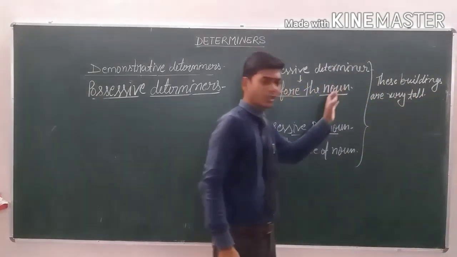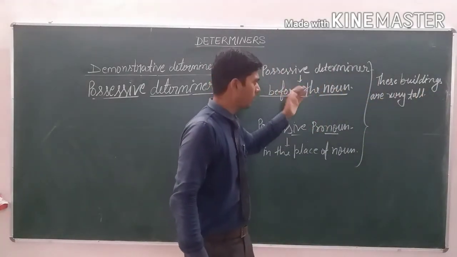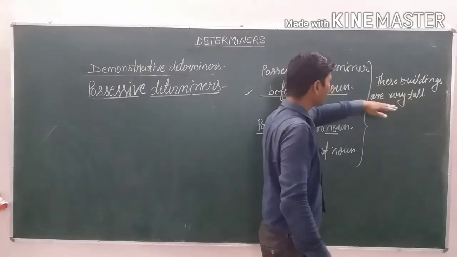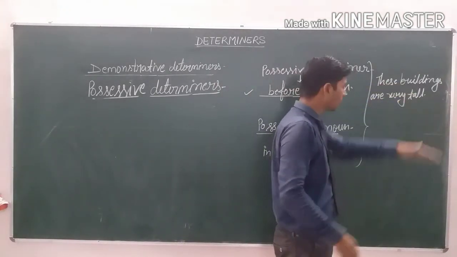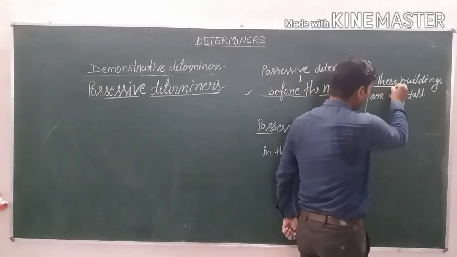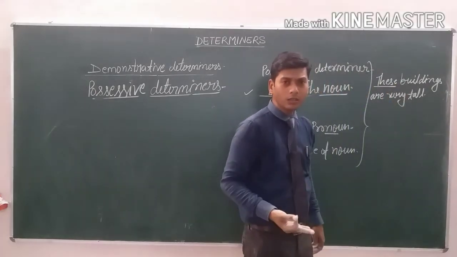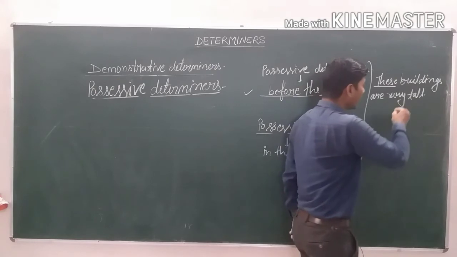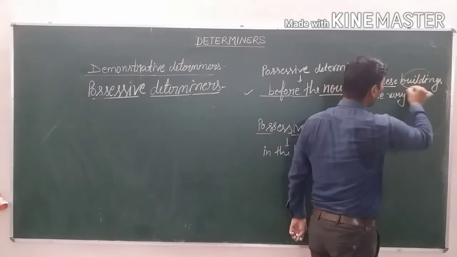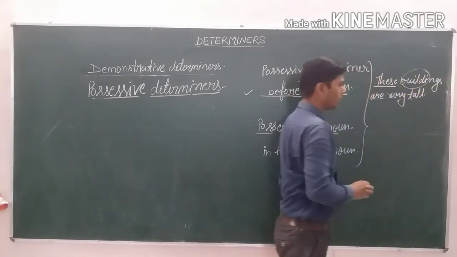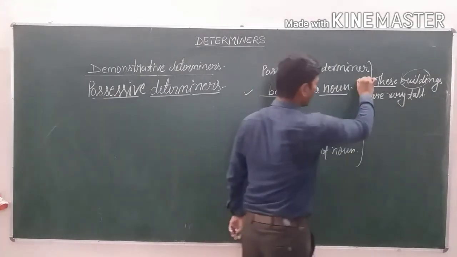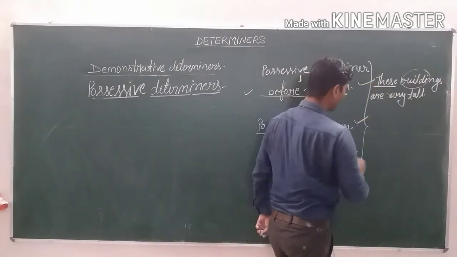Just as we have written in previous examples. These buildings are very tall, right? The word these is a demonstrative determiner because it is used just before a noun, right? It is clear.